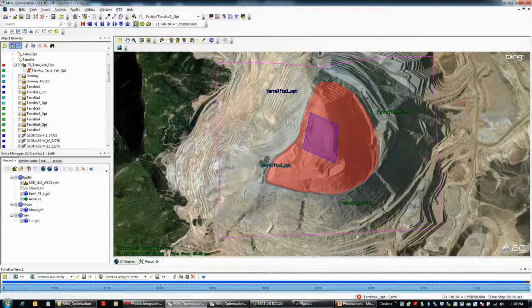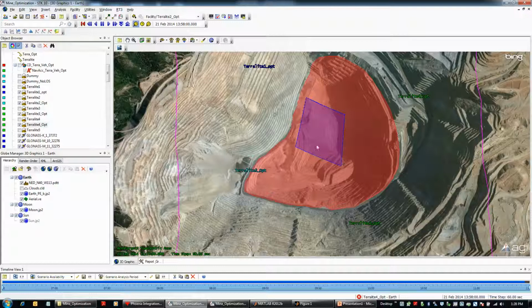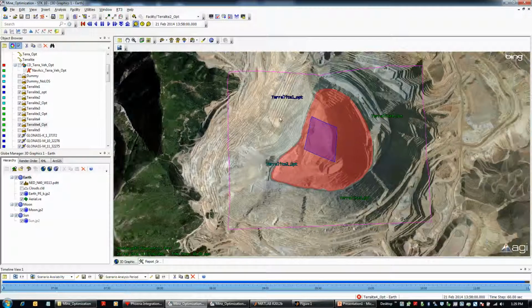And when we place these terralites anywhere, they shouldn't come into any of these locations. Maybe we have our machines moving in all these regions, or it's very hard to place. So in STK we are even capable of defining the places where you don't want to keep the terralites. So that is the red region.